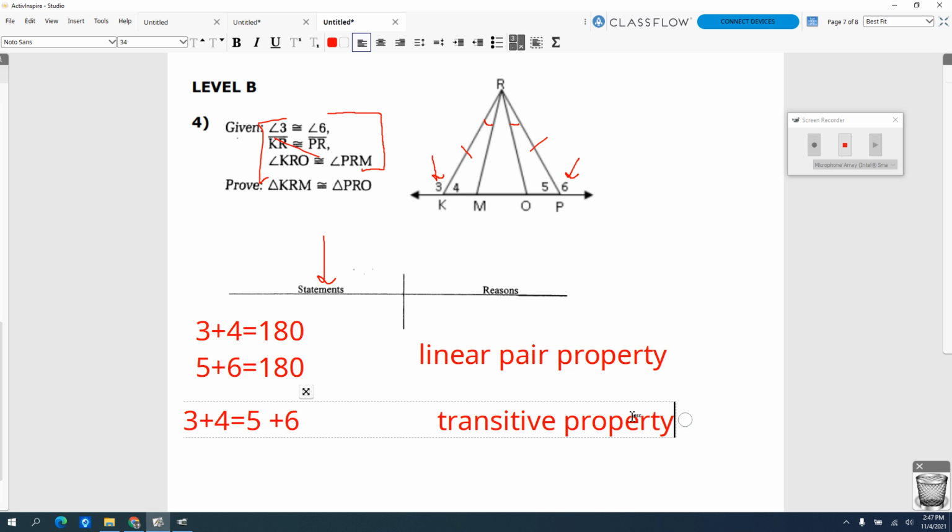To do that, this is something you're going to do in many proofs, but maybe this is the first time you're seeing this. We want to write the same number on both sides. So instead of 3 plus 4 equals 5 plus 6, I'm going to write 3 plus 4 equals 5 plus 3. Now, why can I do that? I can do that because earlier in the proof, we said 3 and 6 are the same. So instead of a 6, I'm going to substitute in a 3.